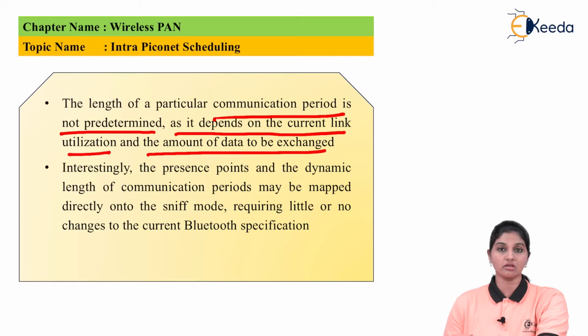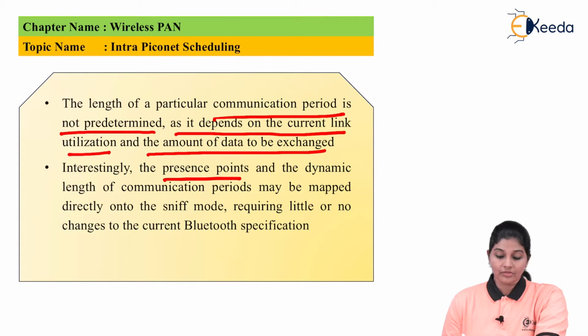Sometimes the link may be free for the data exchange, or sometimes the link is busy, in which case the device has to wait for a period of time. So based on this scenario, the communication period changes.